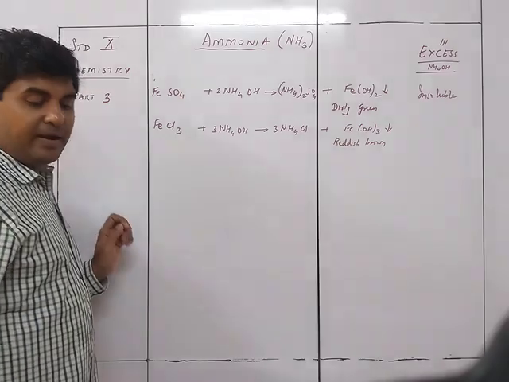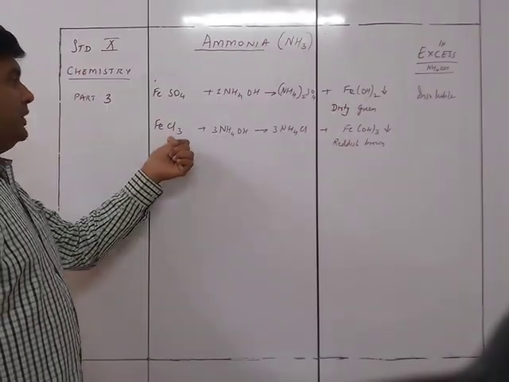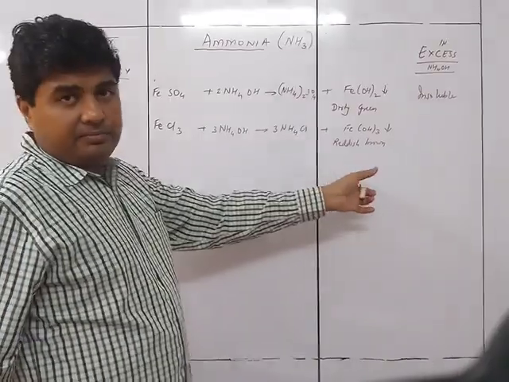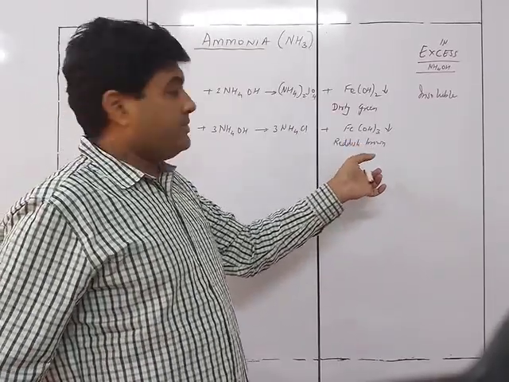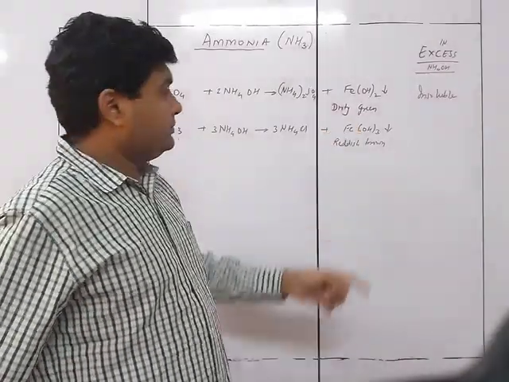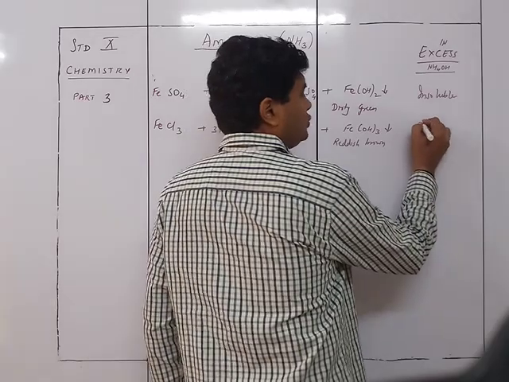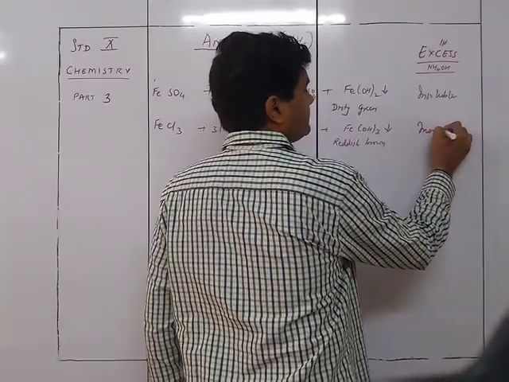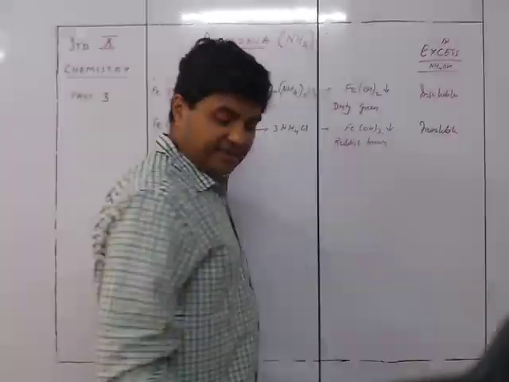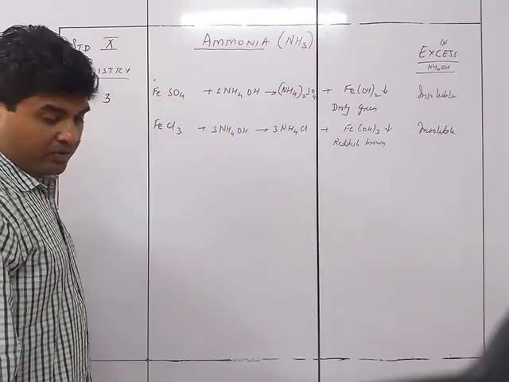Ferric is red, ferrous is green, and this too will be insoluble in excess of ammonium hydroxide.